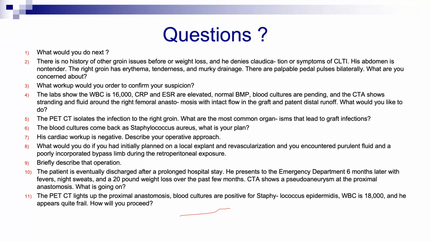And put him on a plan of follow-up, because epidermidis is low virulence. If the pseudoaneurysm is small, no need for surgery.